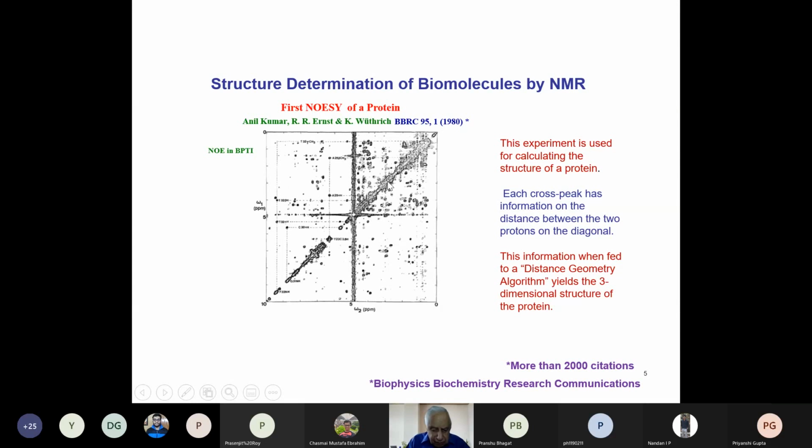And so this experiment has almost complete information about the three-dimensional structure of a protein. This also has more than 2,000 citations. I expanded BBRC here. It's a Biochemical and Biophysical Research Communications journal.